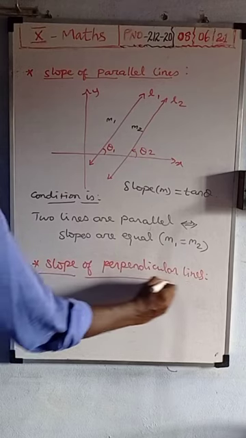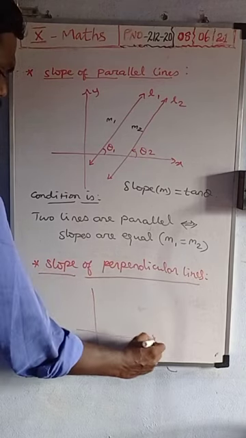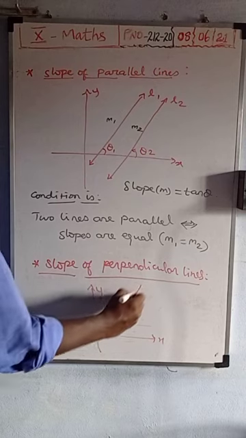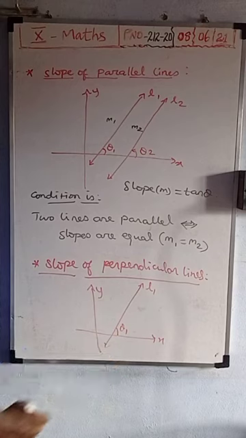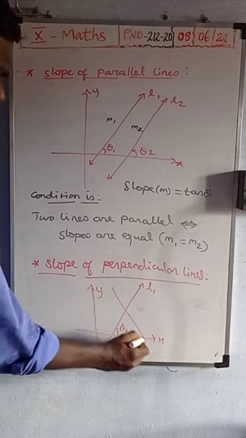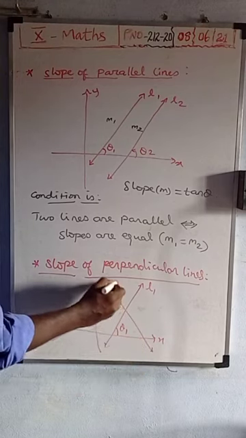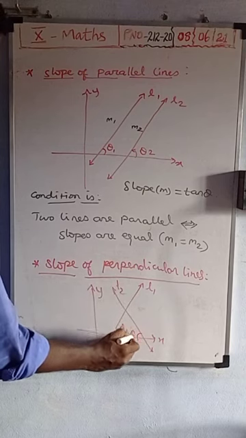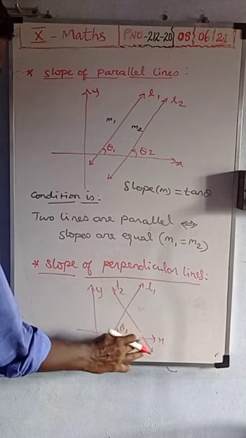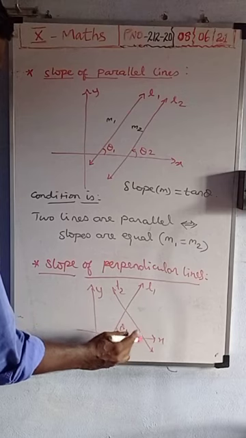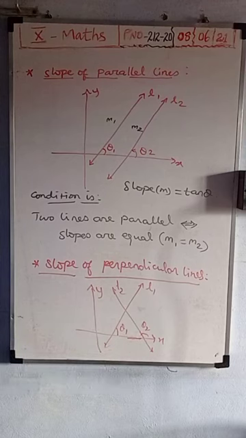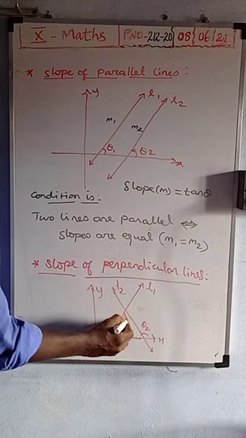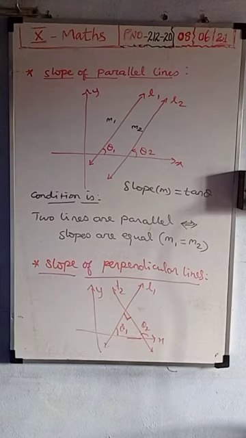If you choose two lines, here one line L1 has angle theta 1, and one more line L2 has angle theta 2. These two lines are perpendicular. Because they are intersecting, you know what is meant by perpendicular lines.